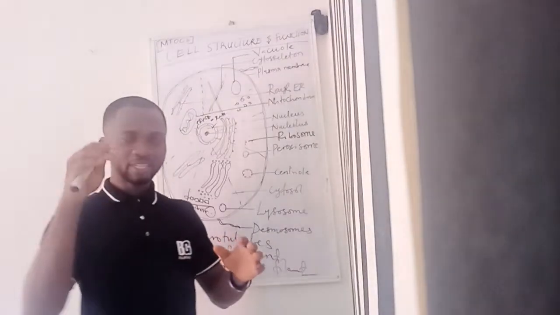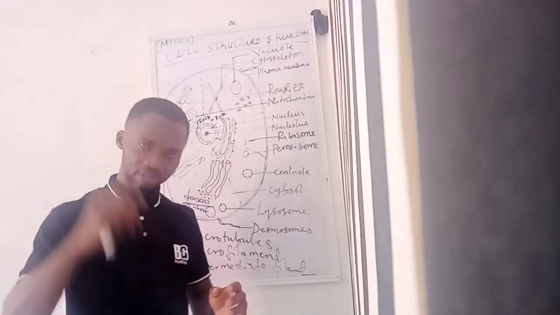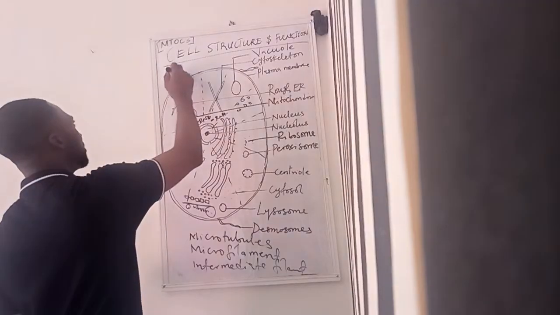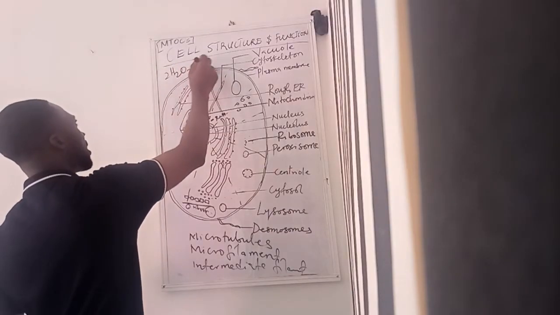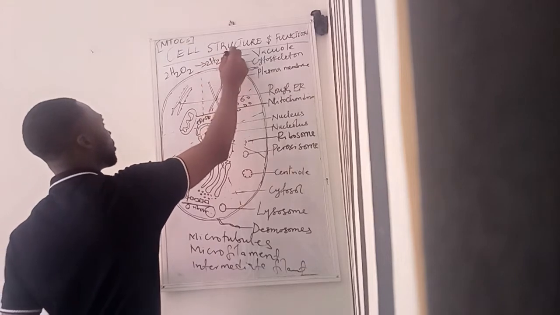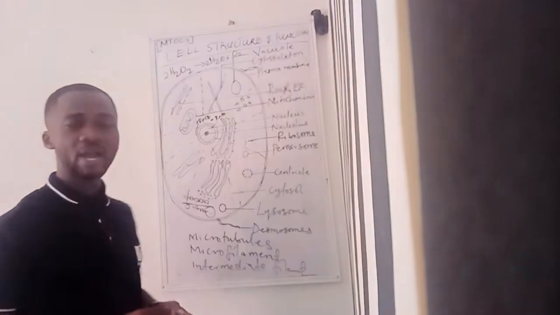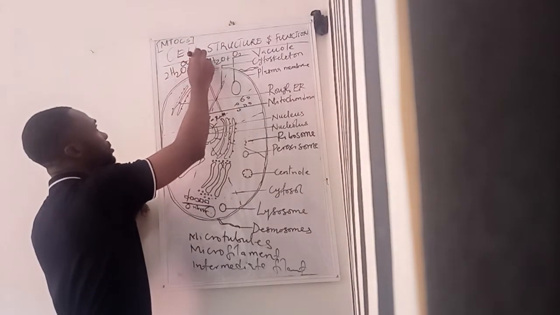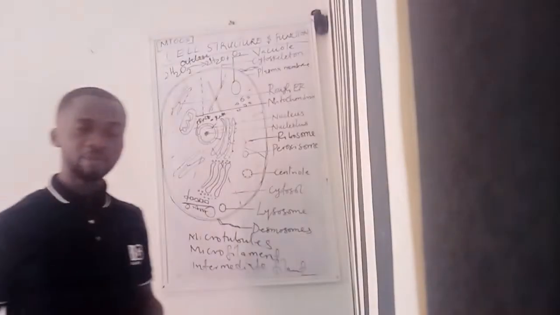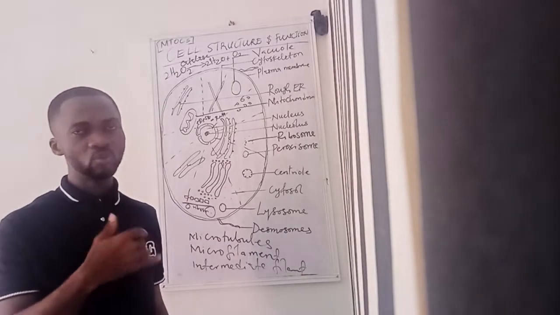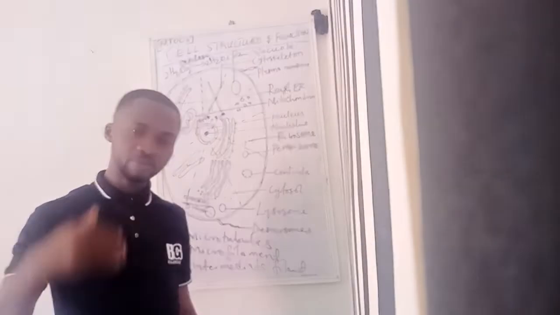So the catalase located within the peroxisome helps in breaking this hydrogen peroxide to form water and oxygen. This is the catalase performing this function. And don't forget, the catalase is located within the peroxisome.